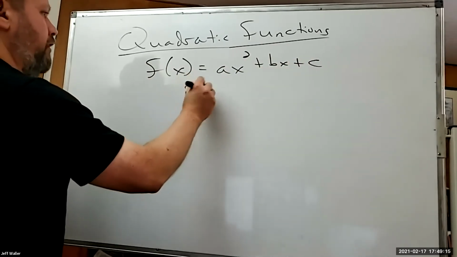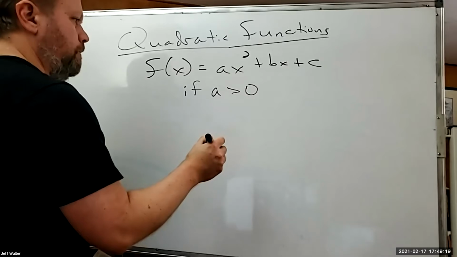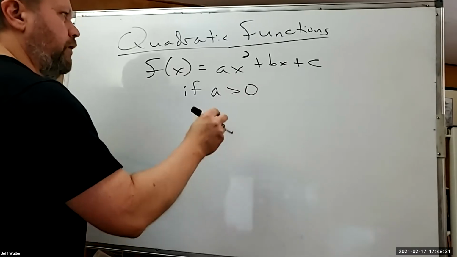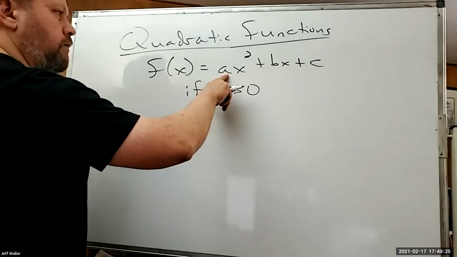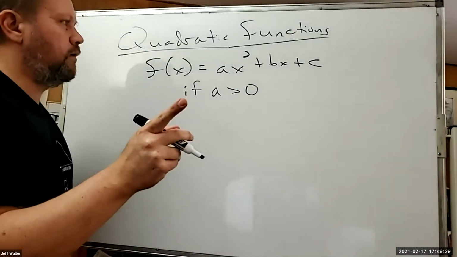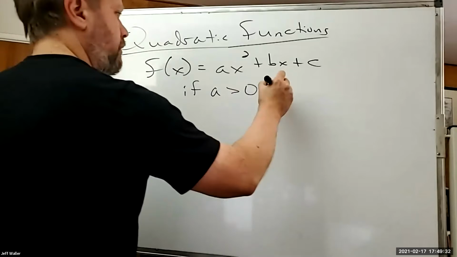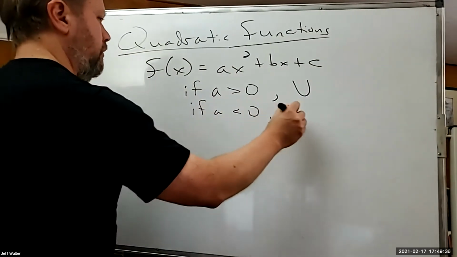What can you tell me if a is greater than 0? What does that mean? The graph goes up. Yeah, then it would look like this. So if a is less than 0, it looks like that.